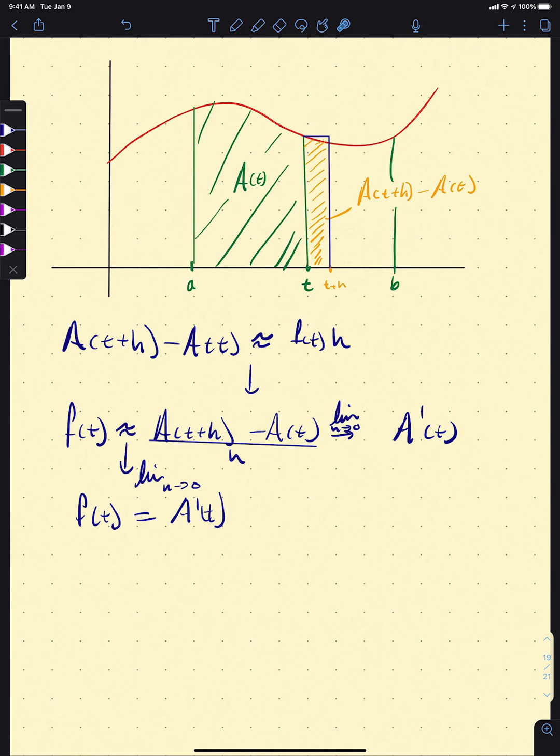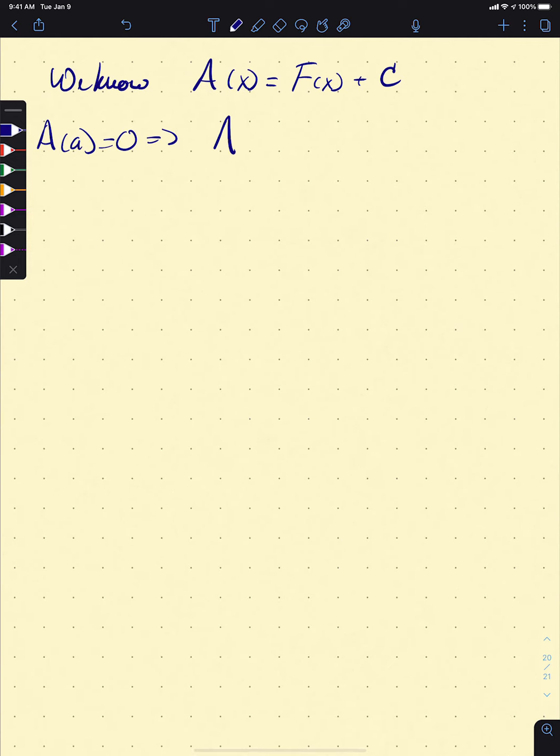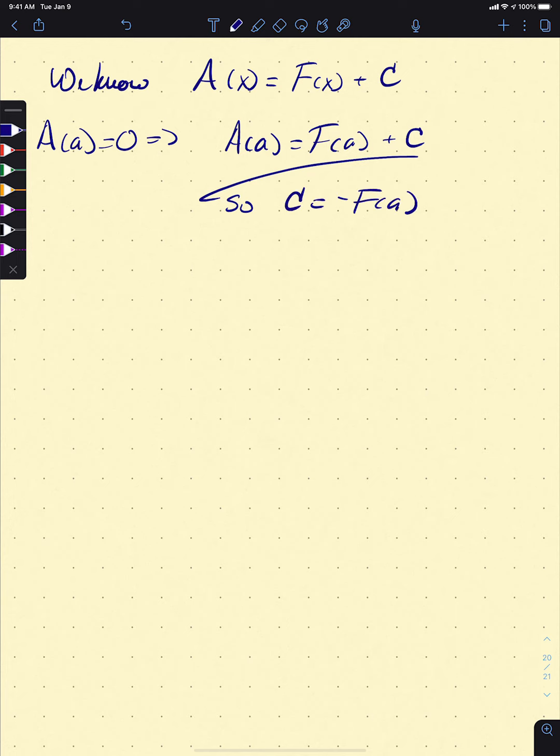There's no area under this one dimensional line here, so A of a equals 0. Which means what's c? We know A of a is F of a plus c, so c must equal minus F of a. Why? Well, because it has to come out to 0.